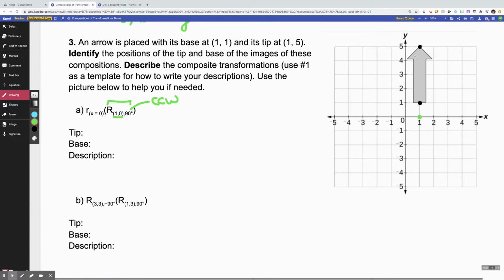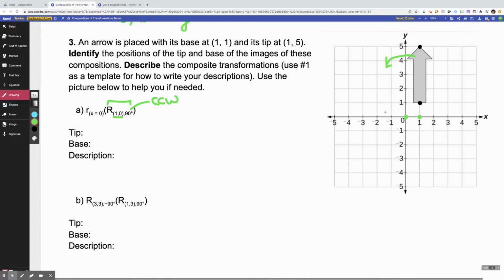Okay, so I'm going to actually draw that on here so you can see it. So I'm going to take this whole thing and I'm going to swing it 90 degrees this way, which means this point in black, the one that originally was at 1, 1, is going to end up here. Okay, and then the point of my tip here was 4 units above it. 1, 2, 3, 4 units above the base, the point on the base.